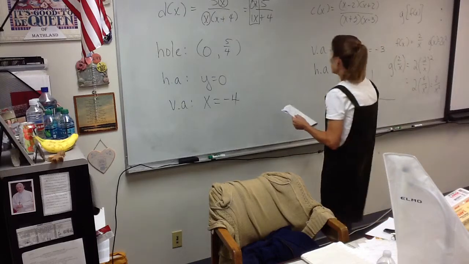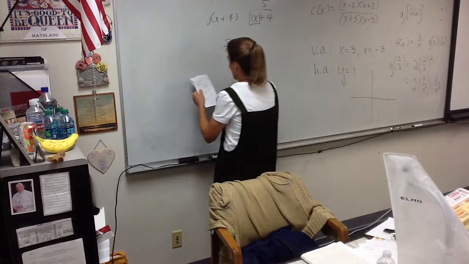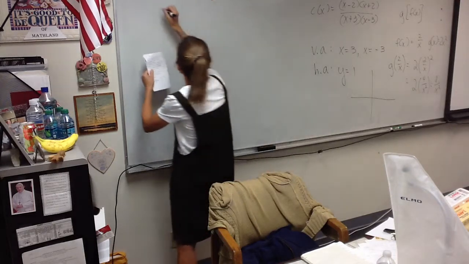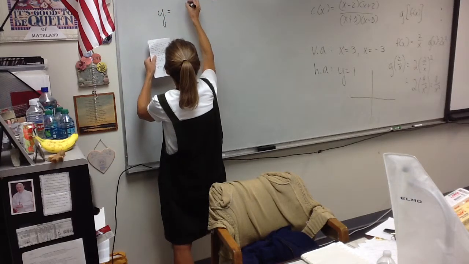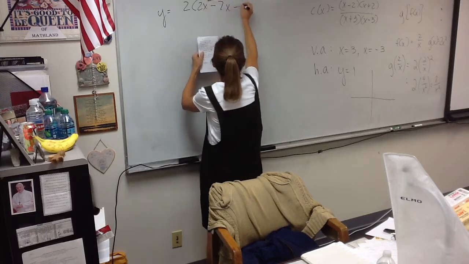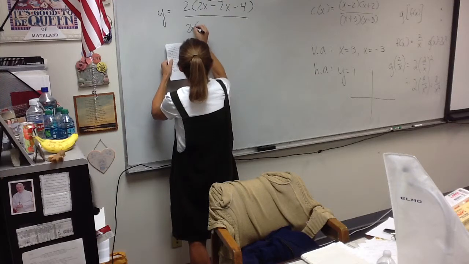which we kind of have already talked about today on a couple of other problems. To list all the asymptotes and holes, what's the first step? Factor. Okay, so let's see. I can take a 2 out of the top and the bottom.